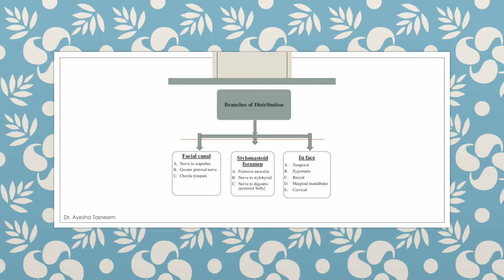The branches of the facial nerve are given at different levels. Firstly, they are given in the facial canal, then at the level of the stylomastoid foramen, then on the face.